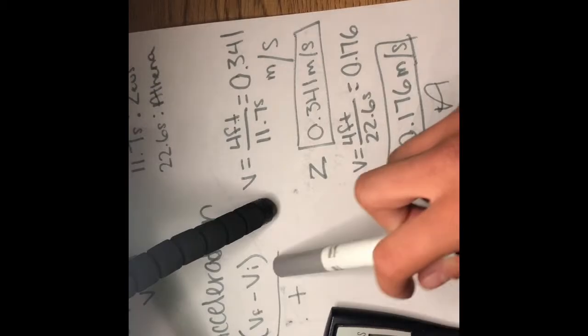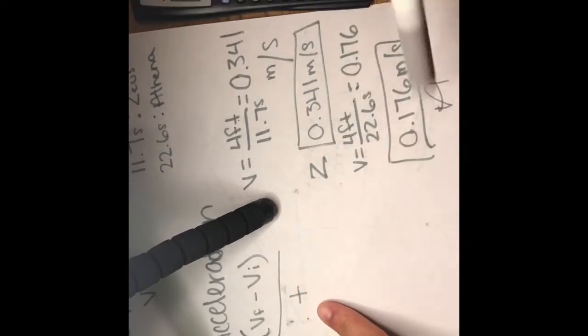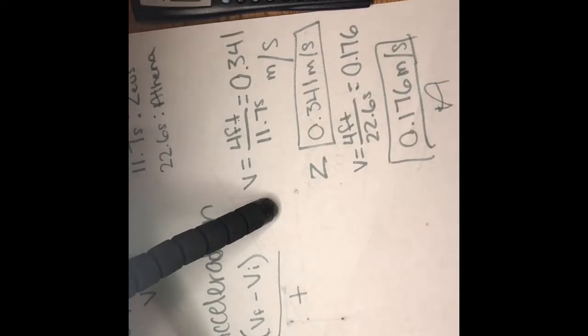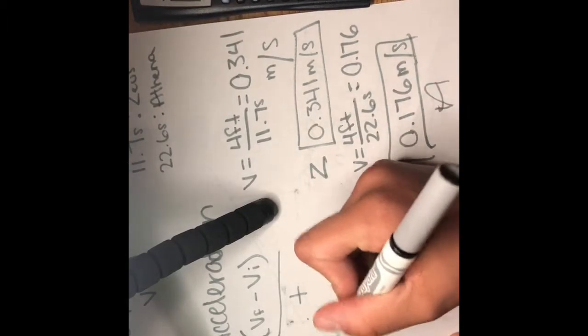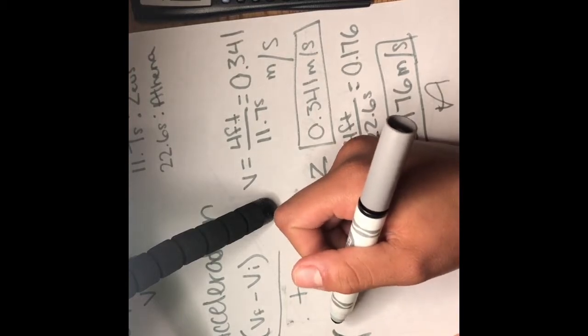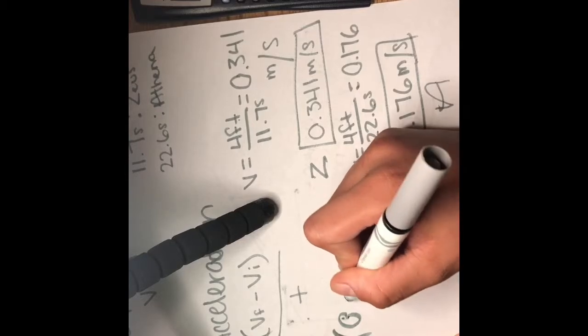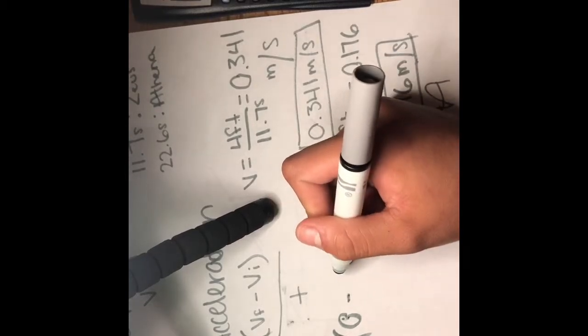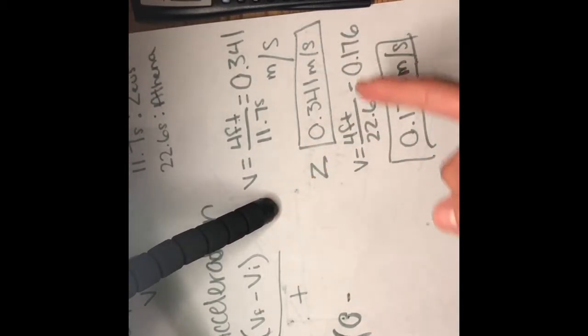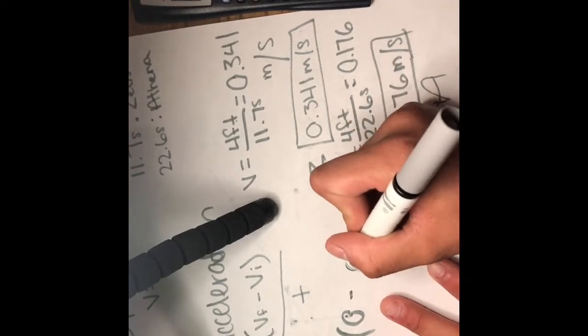But to convert acceleration with using these times, we'll have to use this formula. So for Zeus, his final velocity was 0 minus initial. His velocity was 341.